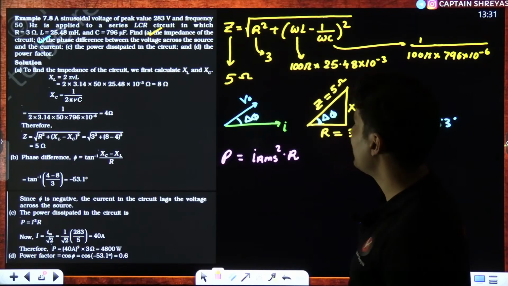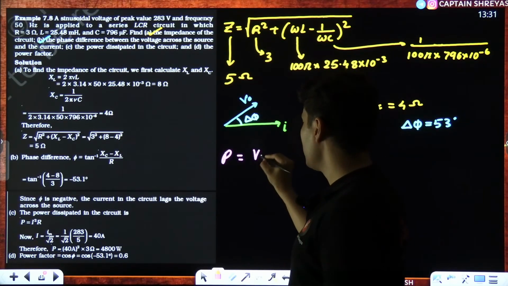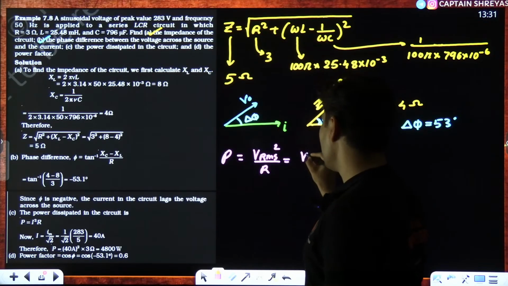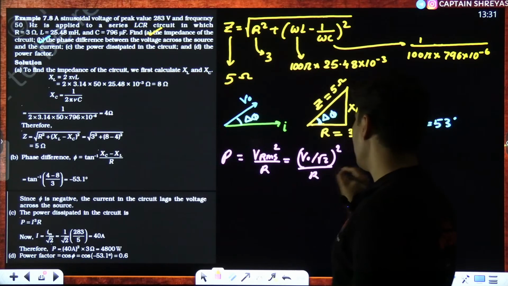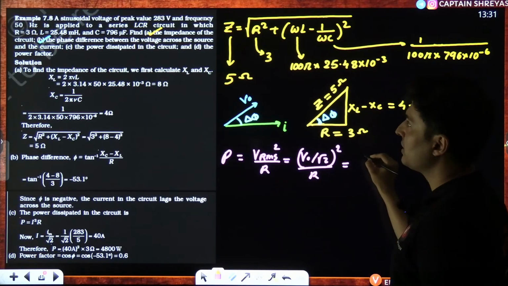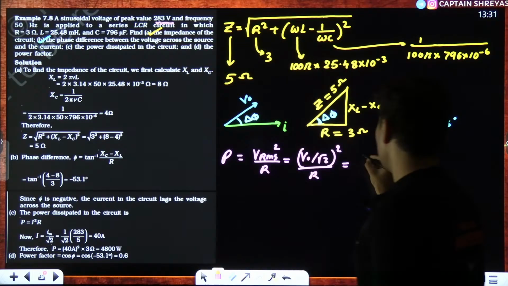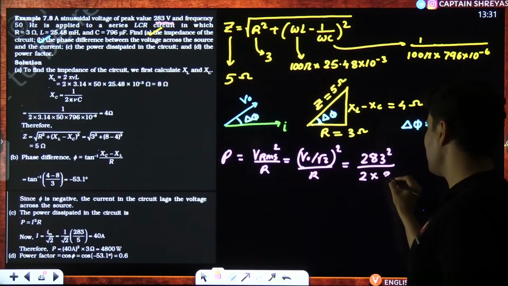But the current is not known, so we can use VRMS square by R. VRMS is maximum voltage by root 2, square, into R. Resistance is known, peak voltage is given. Peak voltage is 283. So 283 square, root 2 square is 2, resistance is 3.